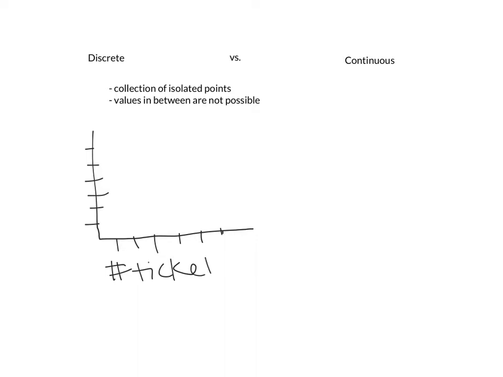So you might have something like the number of tickets sold, if each ticket costs $10, and the revenue.